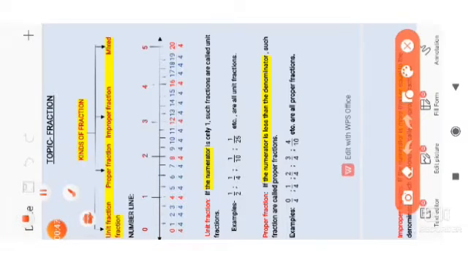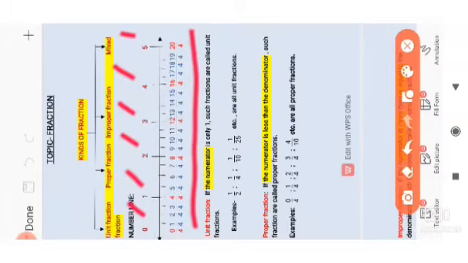In the number line, you can see I wrote few numbers on the top. These are 1, 2, 3, 4, 5 and few numbers I wrote on the bottom. And all the numbers which I wrote on the bottom, they are all fractional numbers.